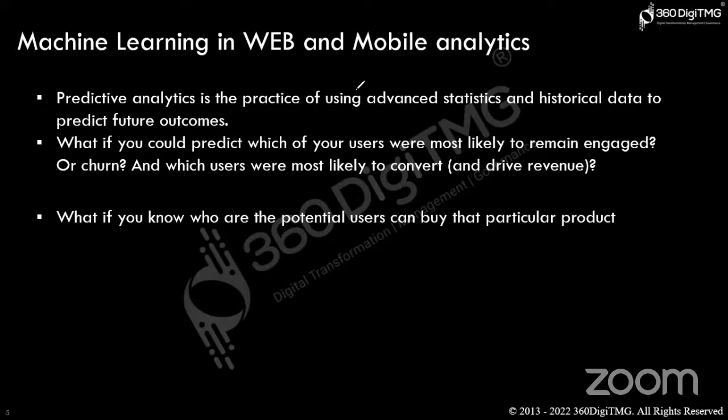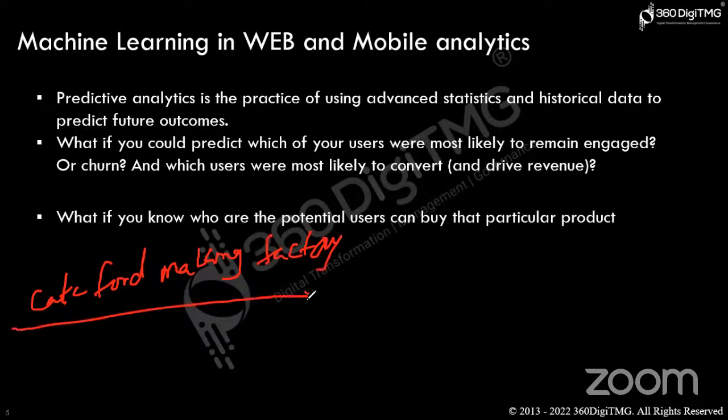Let's take one more example. Let's say you have a cat food making factory, and now you want to do the promotion of your product, or you want to sell your product.